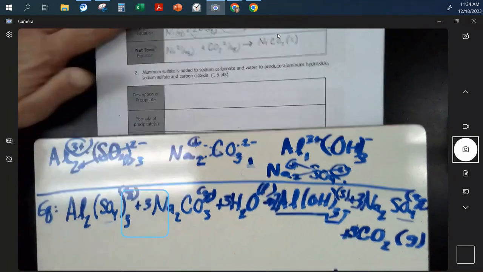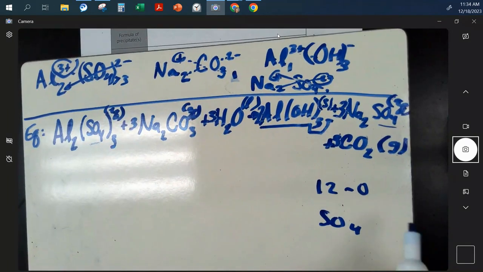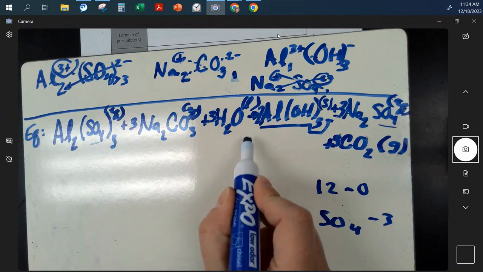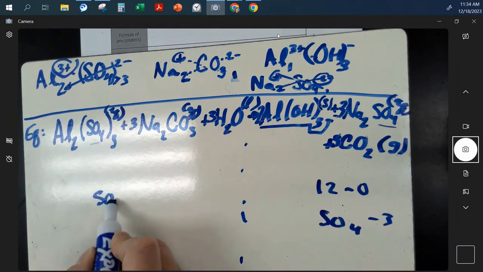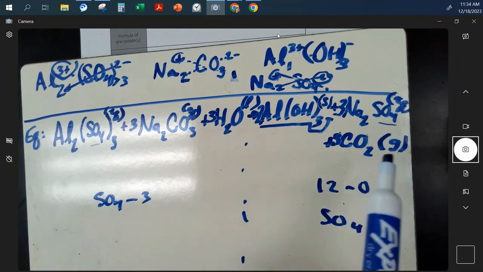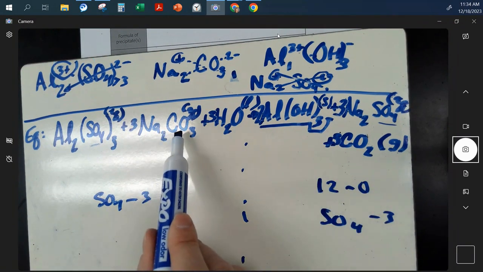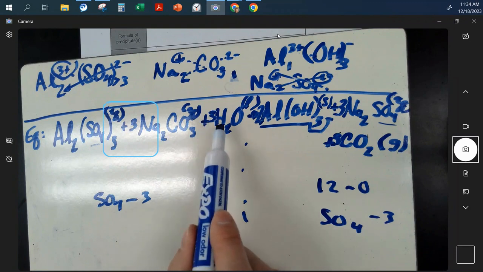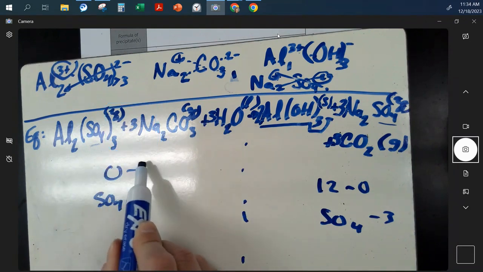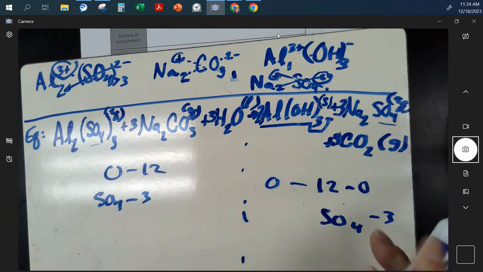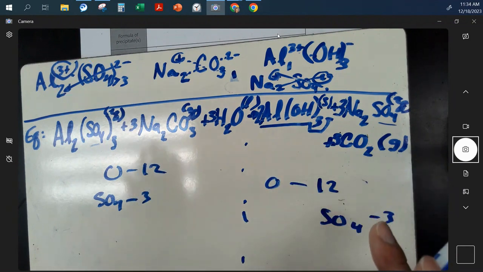We have 3 sulfates over here, and we have 3 sulfates. So let's see, this oxygen that's not in sulfate, we have 9 plus 3 is 12. So we also have 12 oxygens. So now it's balanced.